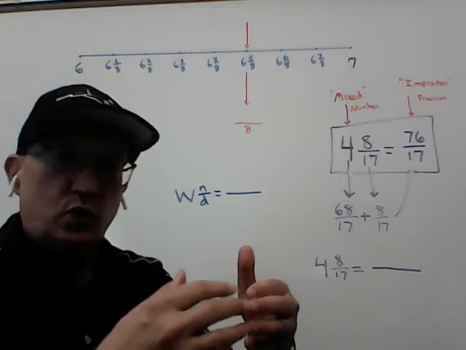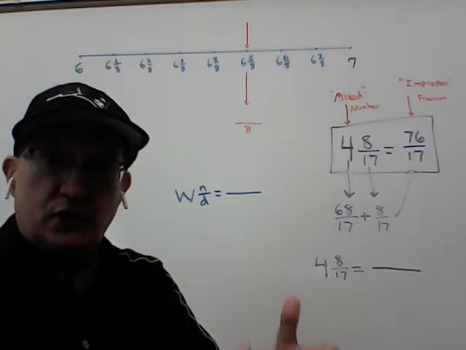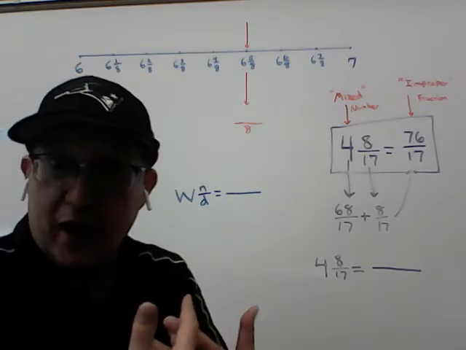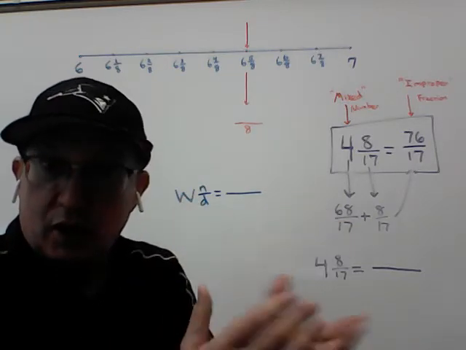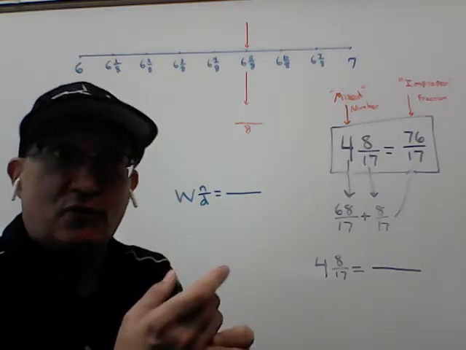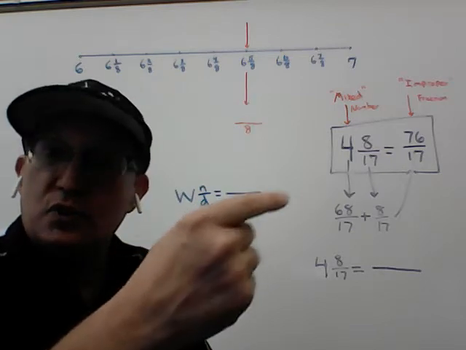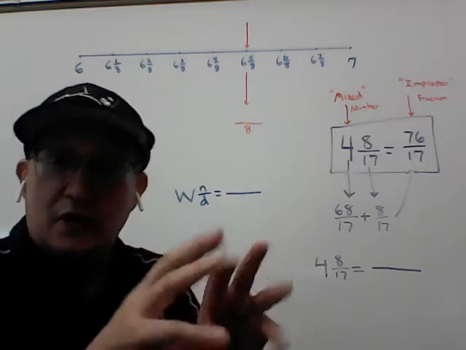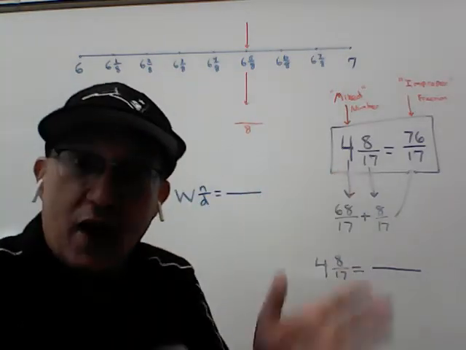When we get to fraction operations, add, subtract, multiply, divide fractions, mixed numbers are fractions. They're a special kind of fraction. Whole numbers are fractions as well. The whole number 3 can be thought of as 3 over 1 or 6 over 2. So the whole numbers, the mixed numbers, and the ordinary fractions are all fractions.